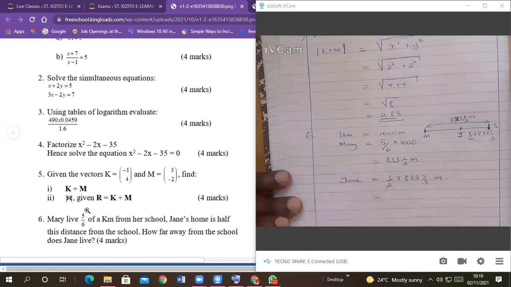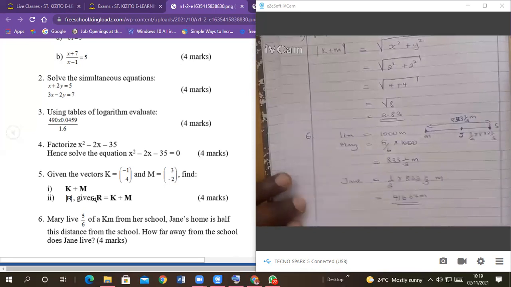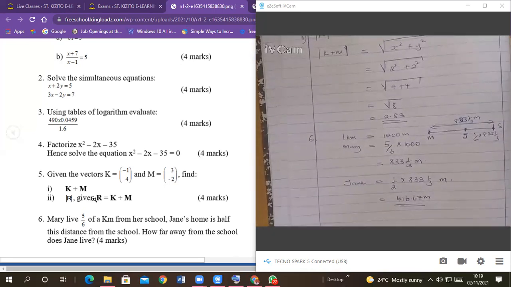So if you multiply it times a half, you get 416.67 meters. And that was Jenny's distance. That's a simple question. It was just checking your reasoning a bit, but it was a simple question.